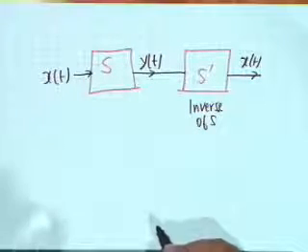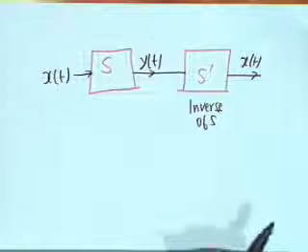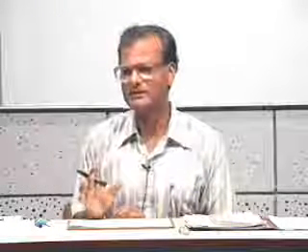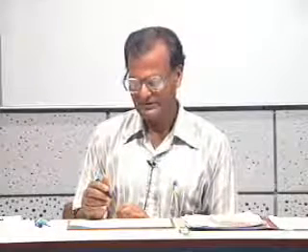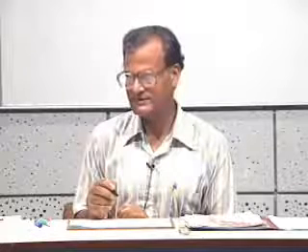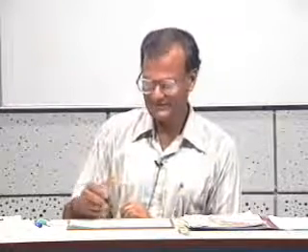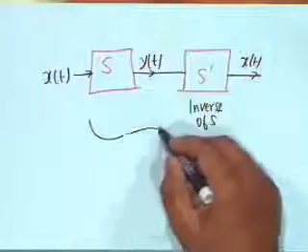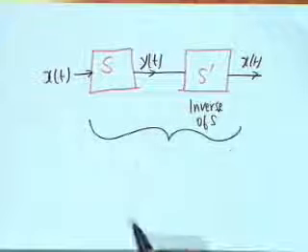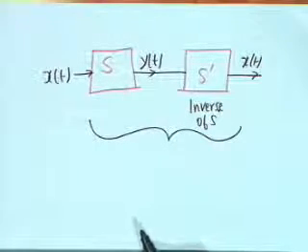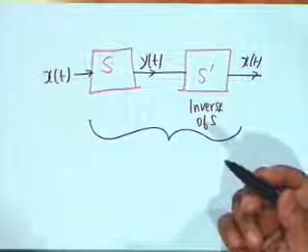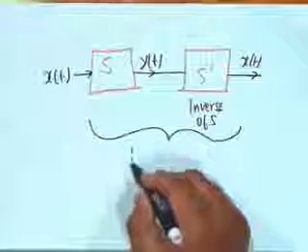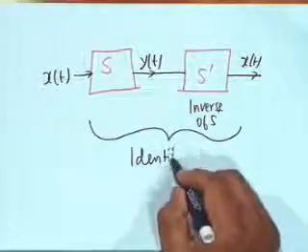In terms of mathematical operations, matrix inversion is an example of an inverse system, if you can consider that as a system. But you realize that the composite system consisting of S and S prime is simply an identity system.